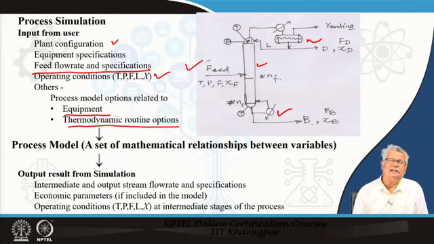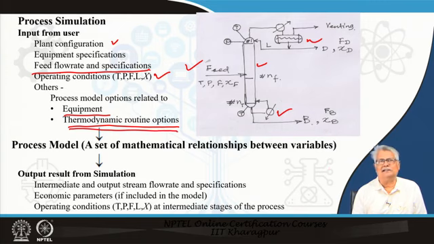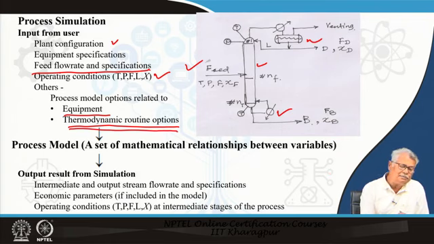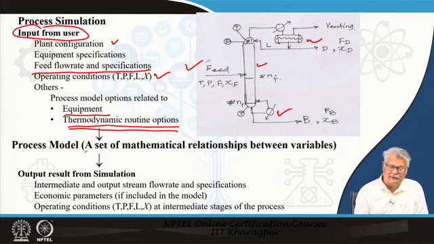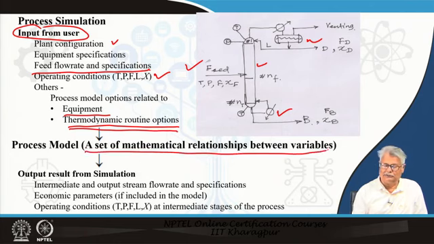And regarding the components, you also have to specify the thermodynamic routines to predict their properties and behavior, like vapor pressure and relative volatility and things like that. Now, once this input set is over, the process model, which is nothing but a set of mathematical relationships between the variables, takes over.